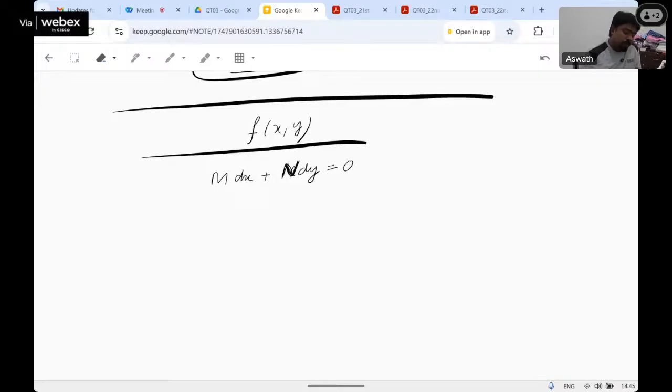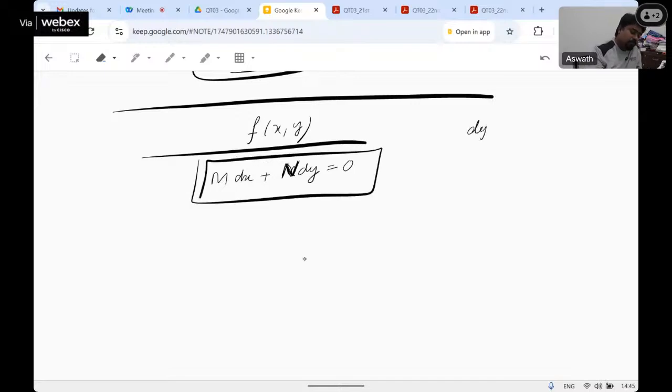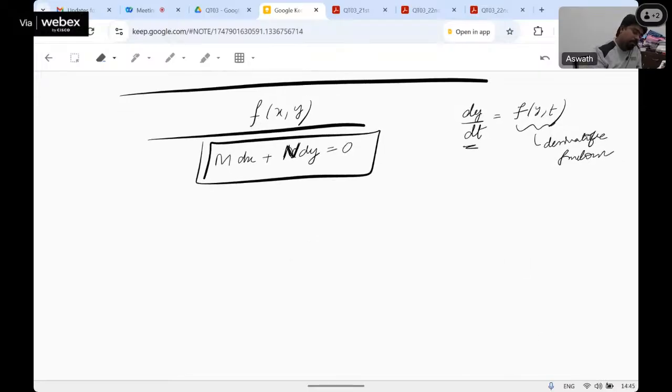If I am able to express the given differential equation like this, where this is called a derivative function, if I am able to resolve the given differential equation, which has both x dependency and y dependency, into this form, then I can do some tricks.